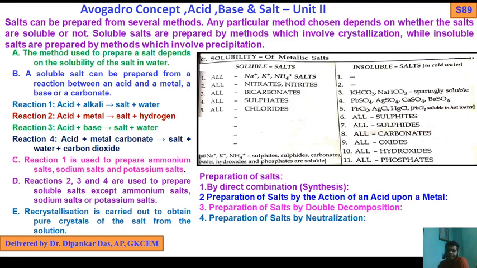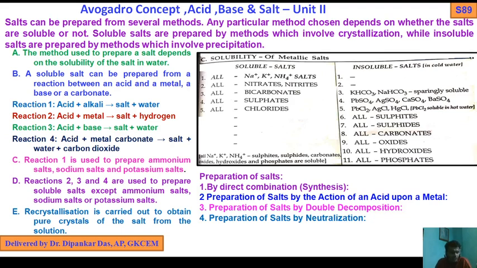Now preparation of salt. The headings of the preparation methods are: preparation of salt by direct combination or synthesis, preparation of salt by action of acid upon a metal, preparation of salt by double decomposition, and preparation of salt by neutralization.